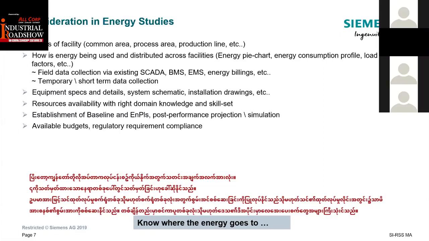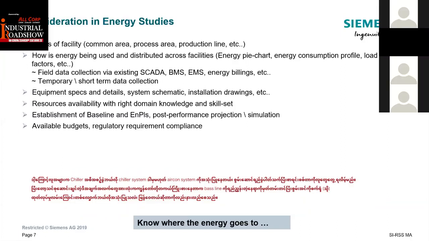In Singapore or this part of the region, where air conditioning is used a lot, very commonly people conduct audits purely on the chiller plant and how the chilled water system or the aircon system is being used and what its performance is.